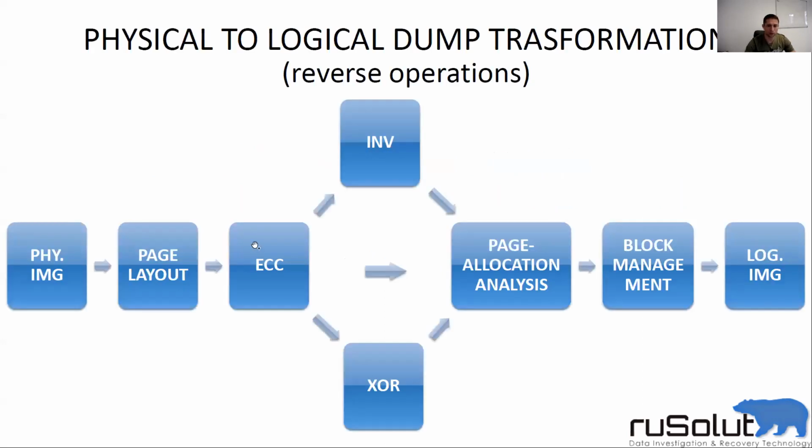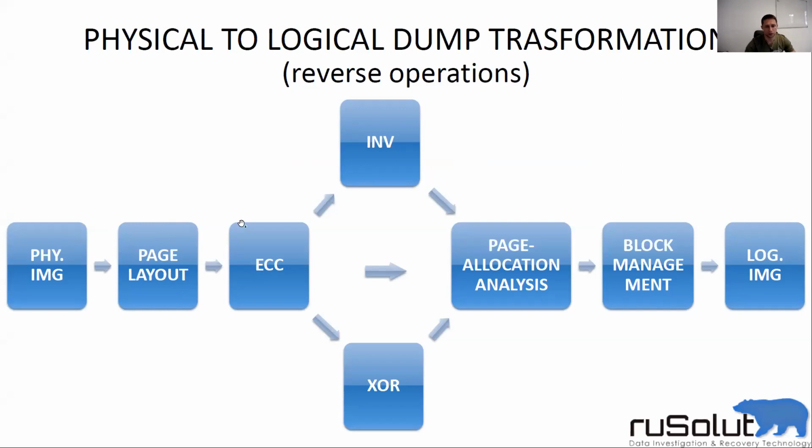Today, we'll talk about two of these steps, page layout and ECC. So after you get a physical image, if you don't have bad columns, the first step would be page layout. It refers to setting manually where the data area is, where the service area is, and ECC.